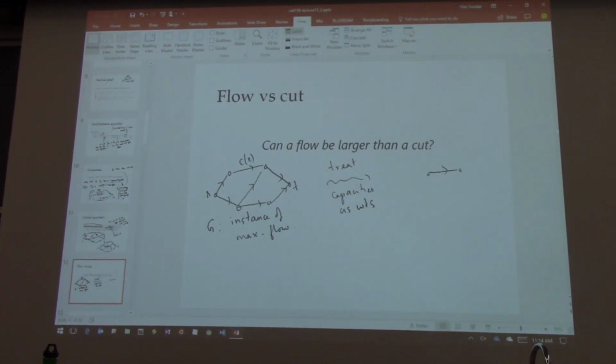The weight is equal to the capacity, and now try to remove as few edges as possible, so that S is disconnected from T. Let's call this the min cut of G. That's the answer. This is the smallest total weight of edges that disconnects T from S.